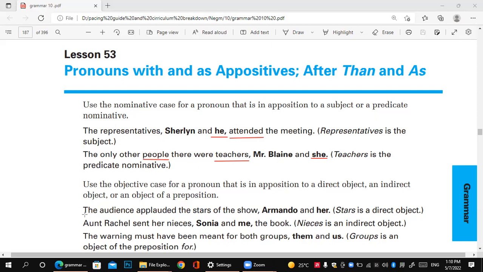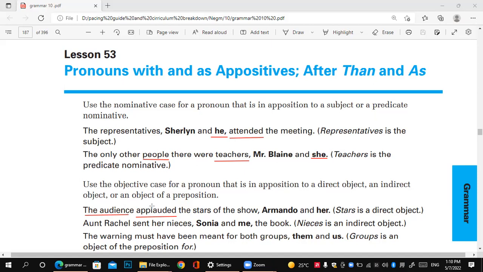Here he said, "The audience applauded the stars of the show, Armando and her." Now, the audience applauded. Where's the verb? The verb is applauded. Exactly. Who applauded? The audience. Subject, audience, and the verb.